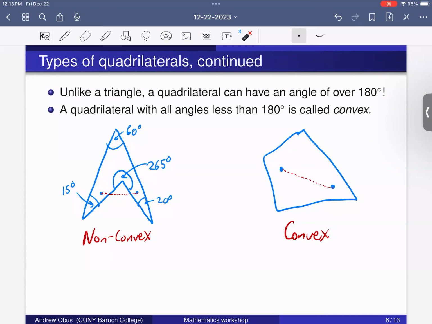Non-convex means you can find 2 points where the line between them passes outside the quadrilateral. Okay, that's what non-convex means for your quadrilateral. And a way to test for it is that convex means that every angle is less than 180 degrees, and non-convex means that there's going to be some angle that's bigger than 180 degrees. Okay?